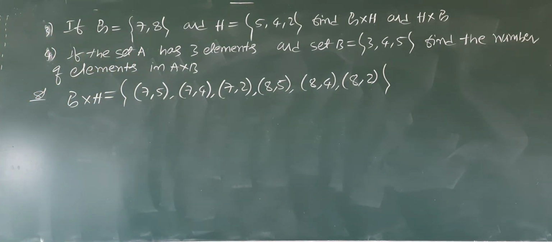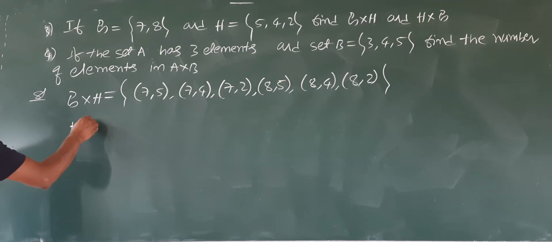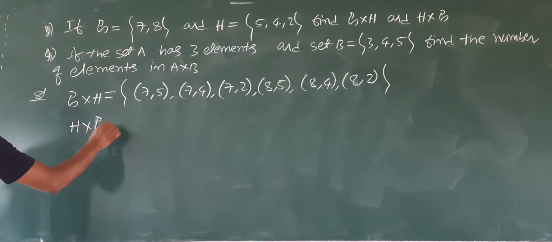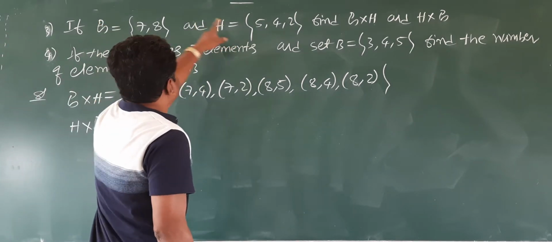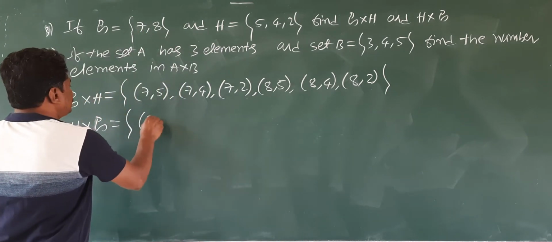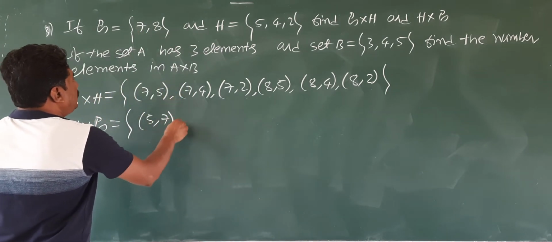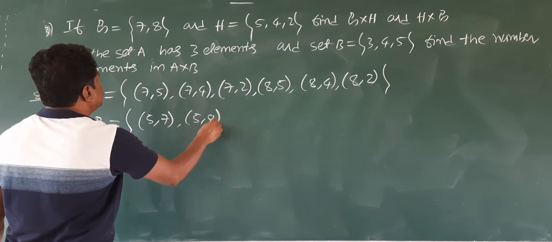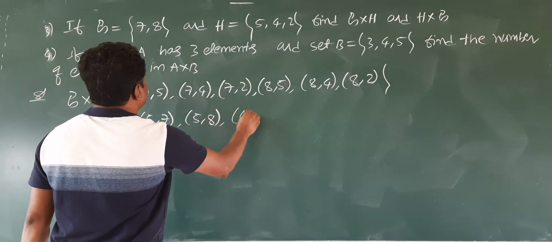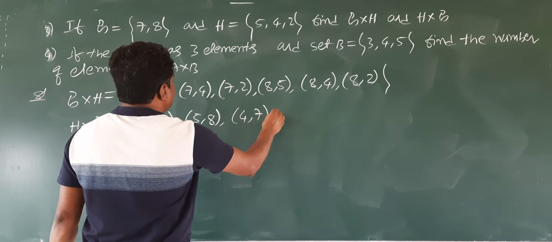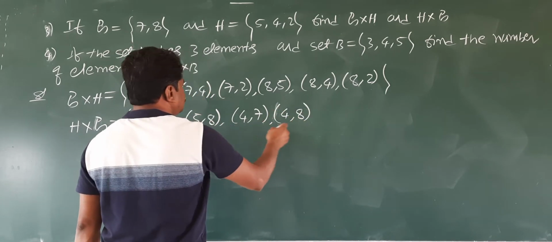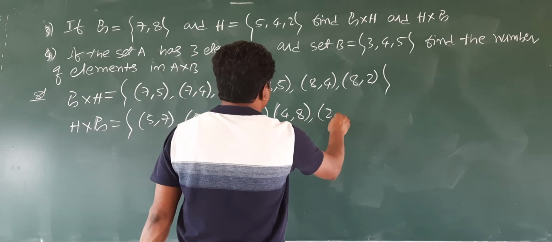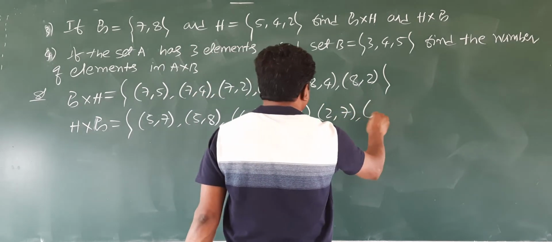Similarly, you find out H cross G. So (5, 7), (5, 8), next (4, 7), next (4, 8), next (2, 7), (2, 8).